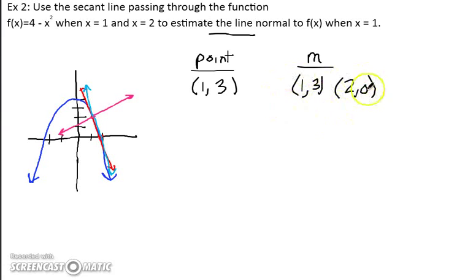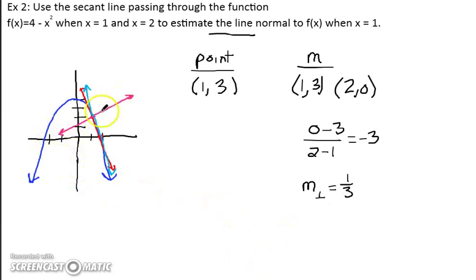So we need to find the slope of this. That's going to give us the secant line. So let's go 0 minus 3 over 2 minus 1. That's going to give us a slope of negative 3. Which means the slope of the normal line, so it's perpendicular, the slope of the normal line is going to be positive 1/3.